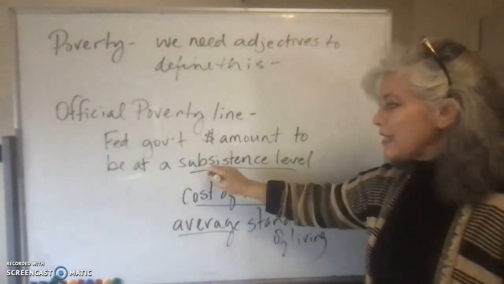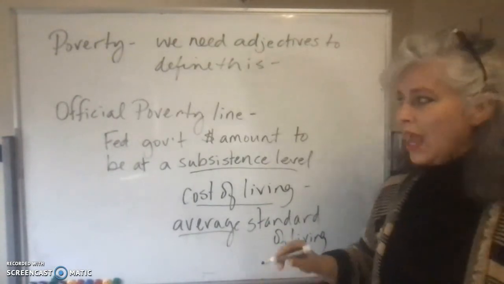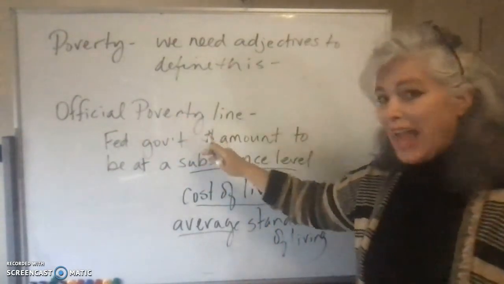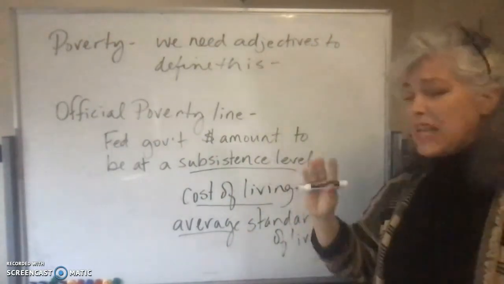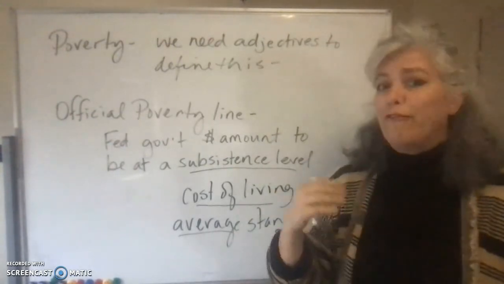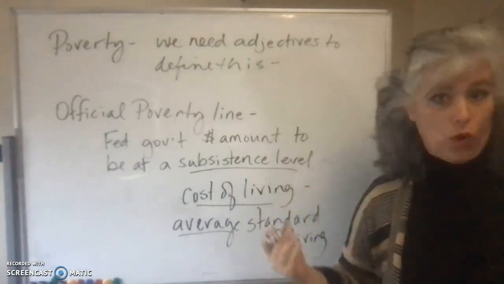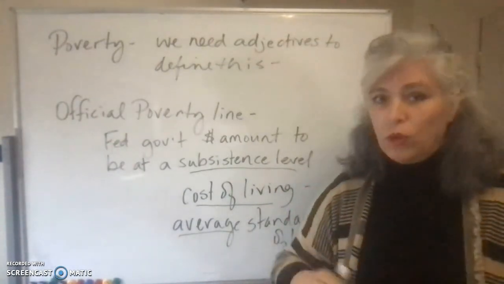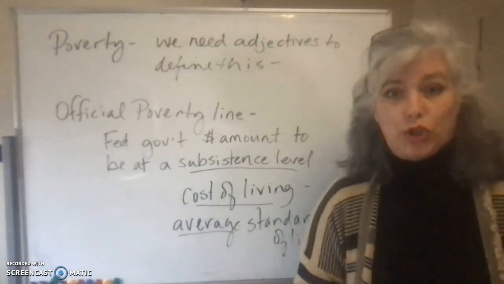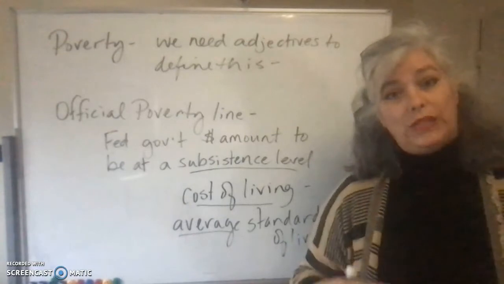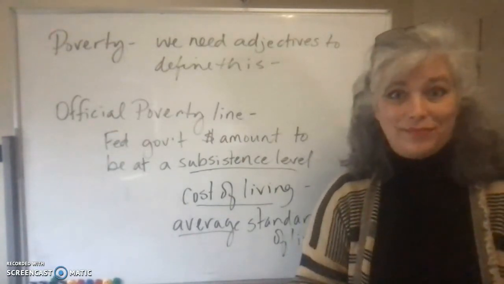But the subsistence level costs a different amount from one place to the next, and the official poverty line is calculated for each of those places based on a complicated formula. And typically, the assumption is that it's a family of 4. So typically, we assume that within the household, there are 4 people who are benefiting from that rent payment or that mortgage payment or that housing voucher or whatever kind of resource you're using for your monthly housing, for instance.